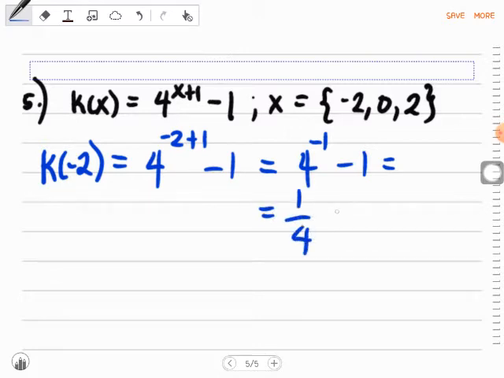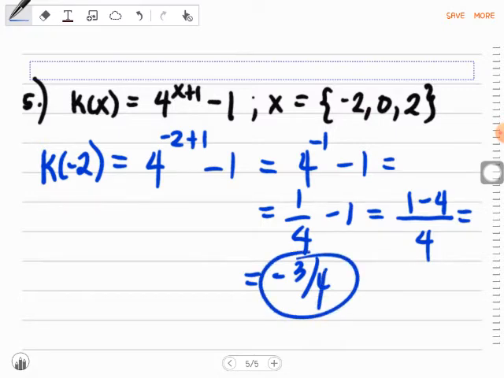So, 1/4 minus 1. And then, kunin mo yung kanyang denominator, LCD I'm sorry. So that is 4. So 1 minus 4. And the answer is negative 3/4, right? Negative 3/4 is the answer for this one.